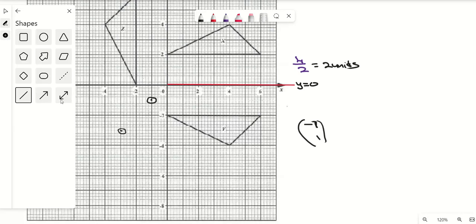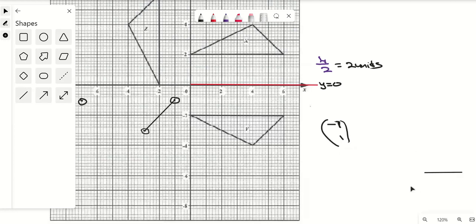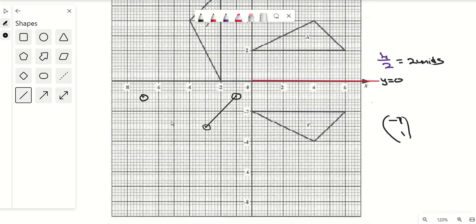So let me just connect the lines for you guys to see it. And they said to label this as triangle V. So we're going to label it as triangle V.